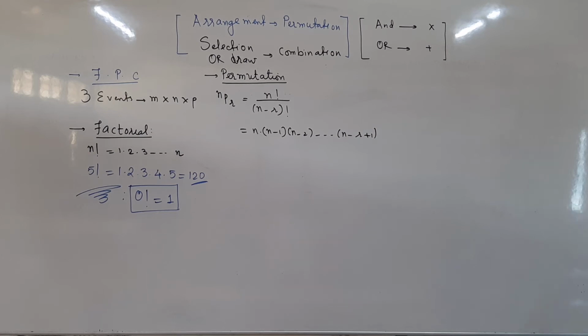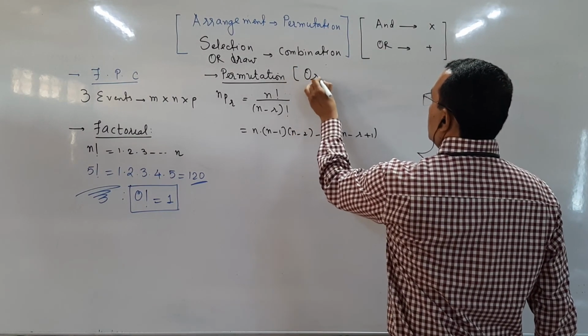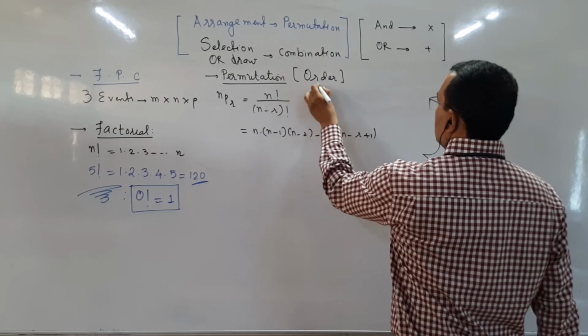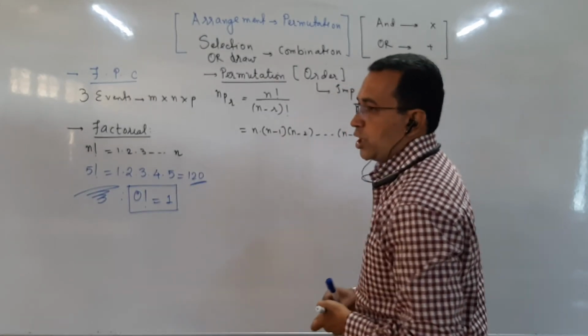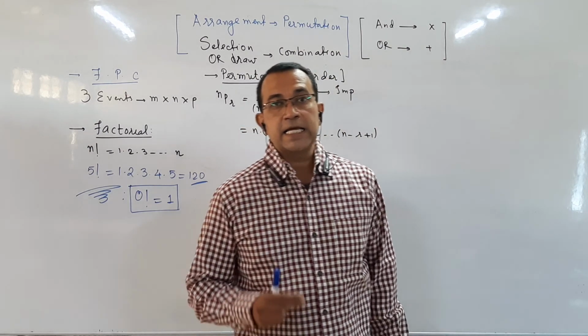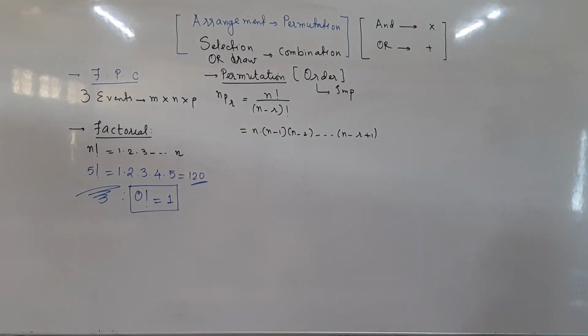The total ordered arrangements of r items out of given n items is called permutations of r items, denoted by nPr. The word order is very, very important.